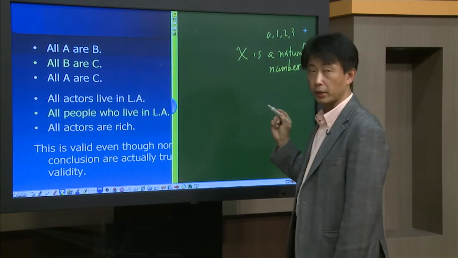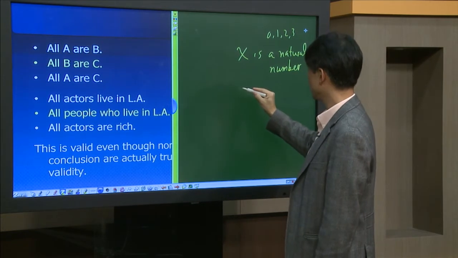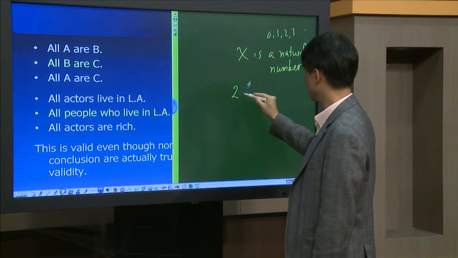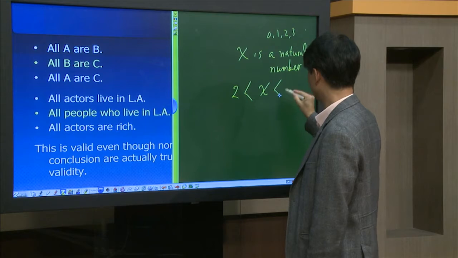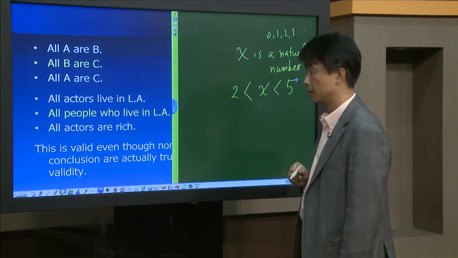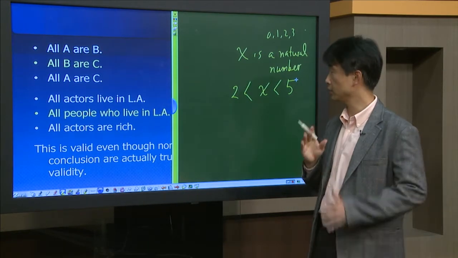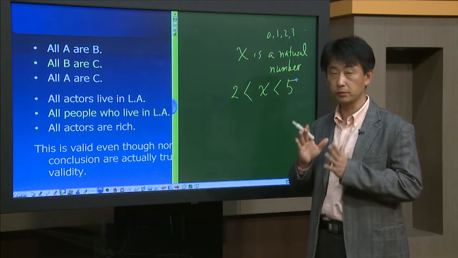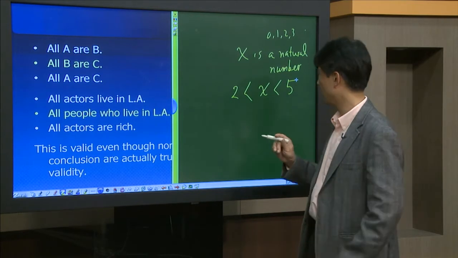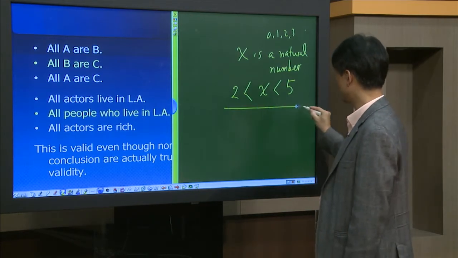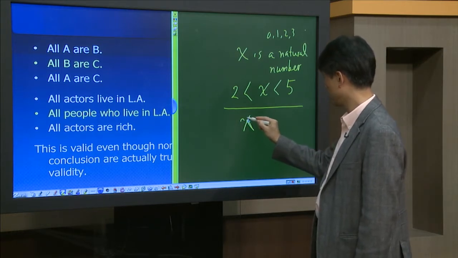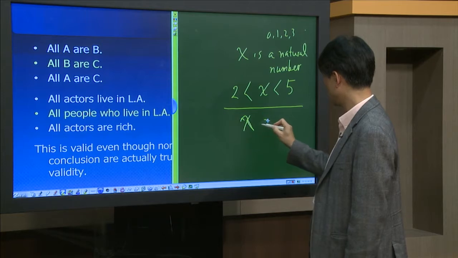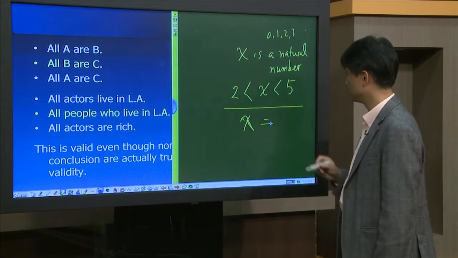And the second premise is, suppose that X is in between 2 and 5. Suppose someone argues that X is a natural number and X is bigger than 2 and smaller than 5. Therefore, X is identical to 3.